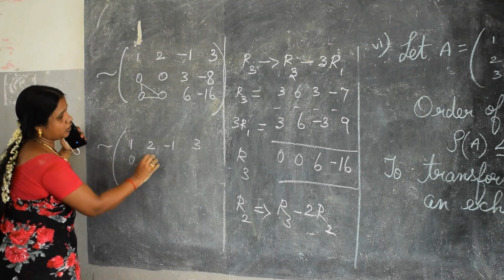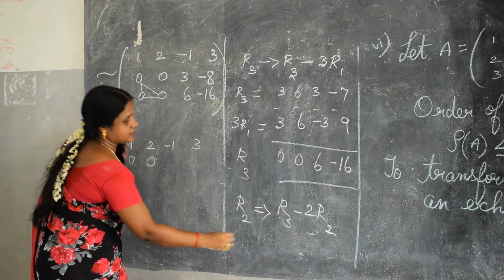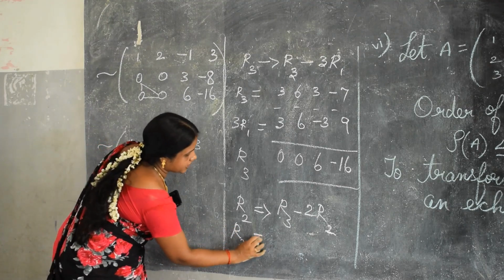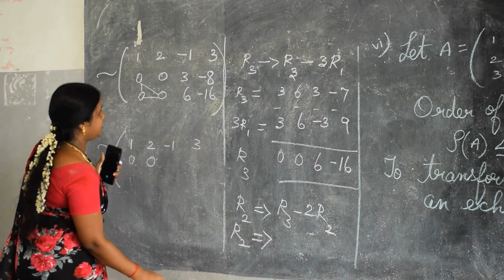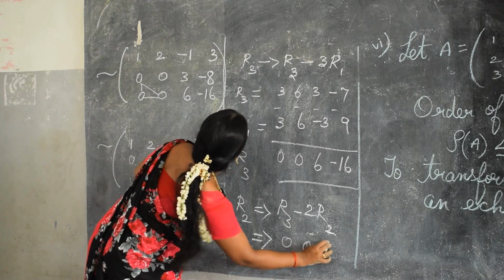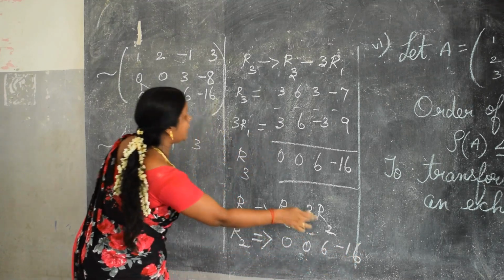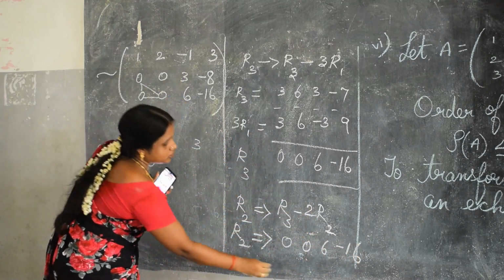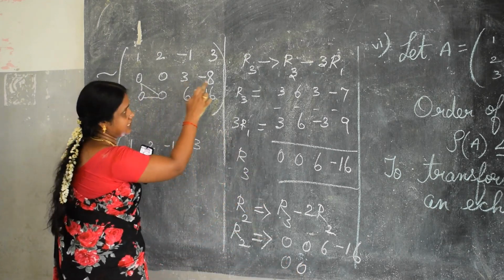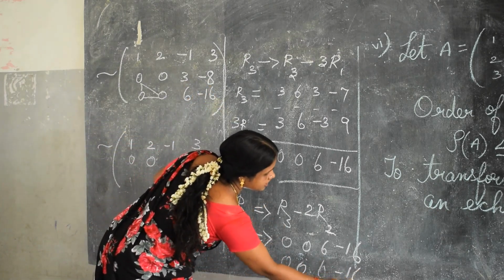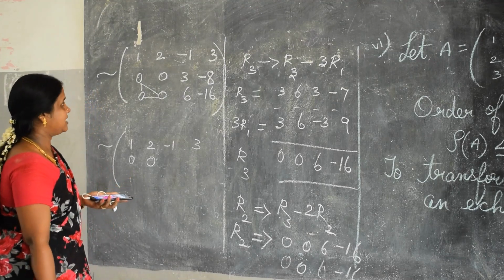What is our R3? 0, 0, 6, minus 16, minus 2R2. So multiply this with 2, 0, 0, 3 2s are 6, 8 2s are 16, minus 16. So now you subtract this, minus plus, you will get 0 in R3.